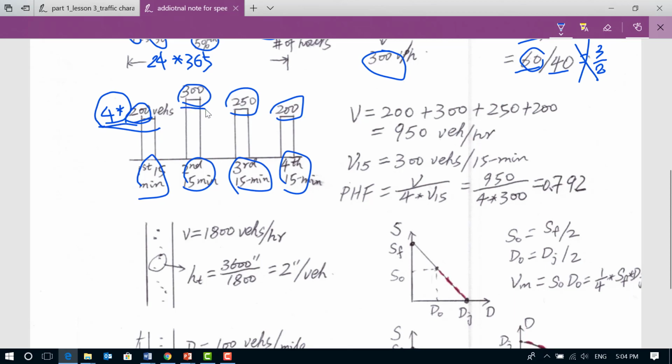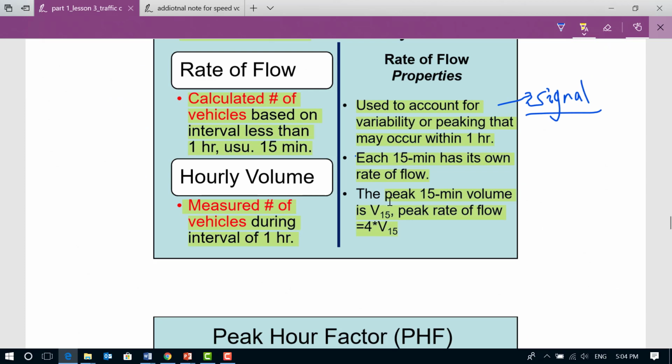Again, the rate of flow for the second 15 minutes is 1200, the third 15 minutes is 1000, and the last one is 800. Each 15-minute interval has its own rate of flow.